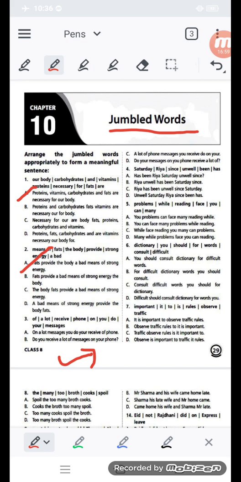Do you receive a lot of messages on your phone? A lot of phone messages you receive do on. So here after reading A and C, I don't like. D number, do your message on your phone receive a lot of. Here according to me B is the correct statement. Proper arrangement, punctuation is given.